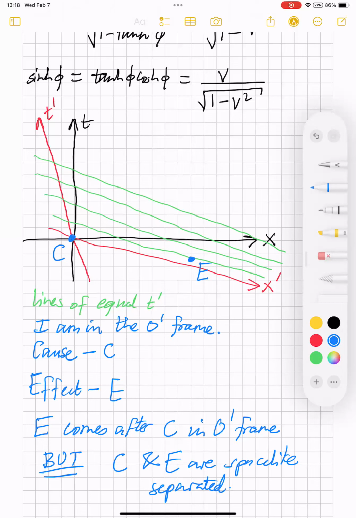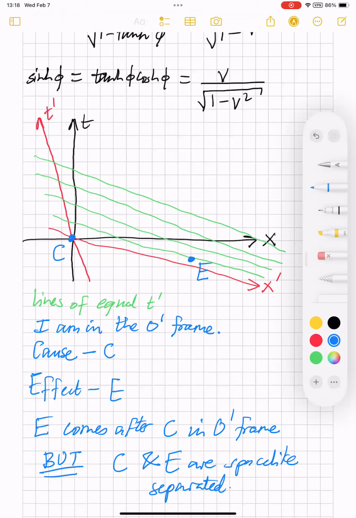Okay? So this is exactly a situation that we talk about where particles travel faster than light. Why is that? Well, because you can see from this line over here that light couldn't possibly travel from C to E. E has too big an x prime value for light to be able to get there.